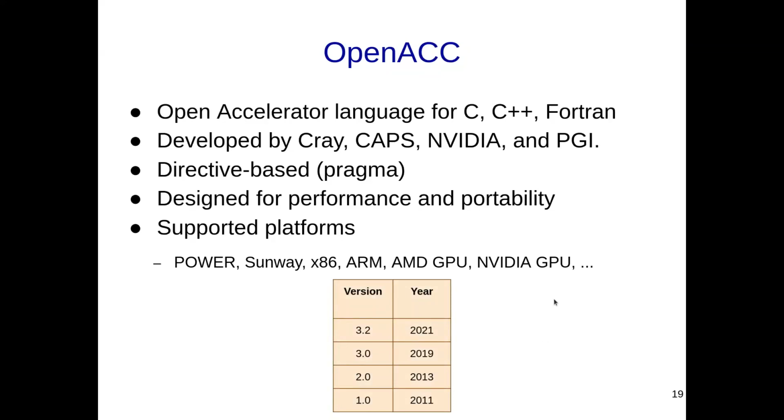The earlier versions like 3.0, 2.0 and 1.0 came earlier, but you can also see the gap in coming up with these newer and newer versions, right? For example, from 2013 to 2019 there was a large gap when we were trying to go from 2.0 to 3.0. There were a large number of features which had to be incorporated. There was a lot of discussion which had to be plugged in to make sure that we support all of these different features which are required by different companies, not only companies, different users, I should say.